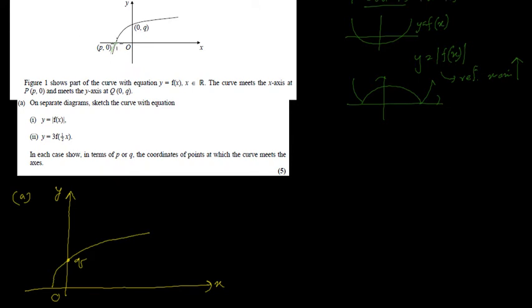If this is like this, the reflection should be like this. So this is very important. The reflection here would be V-shaped, like this, and this point here would be P. So this is the absolute value transformation, y equals the absolute value of f(x).